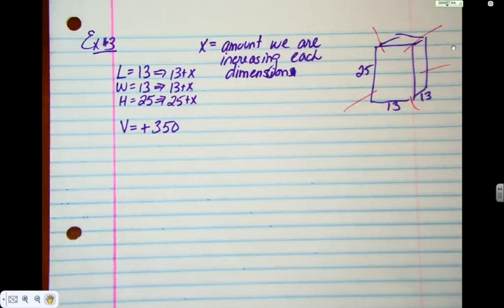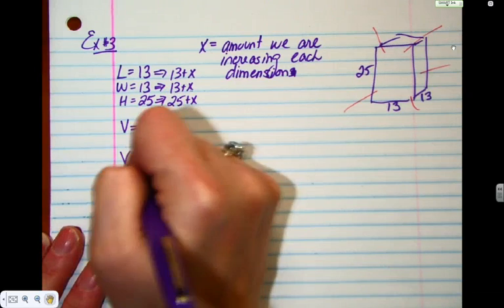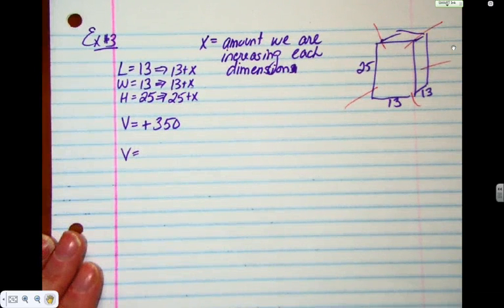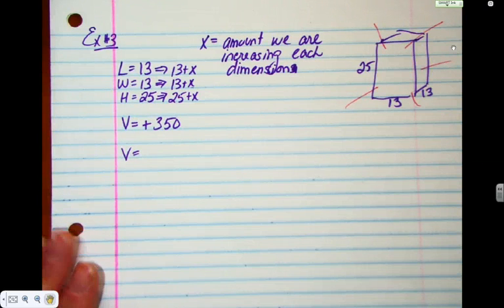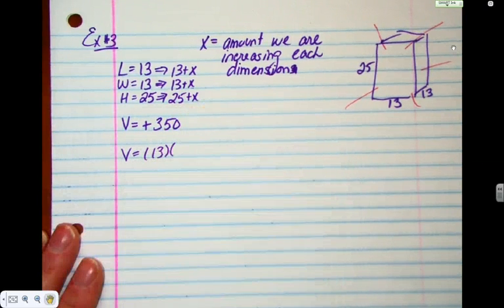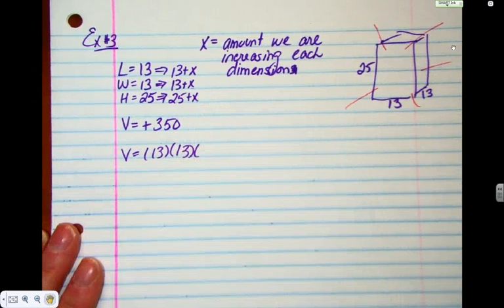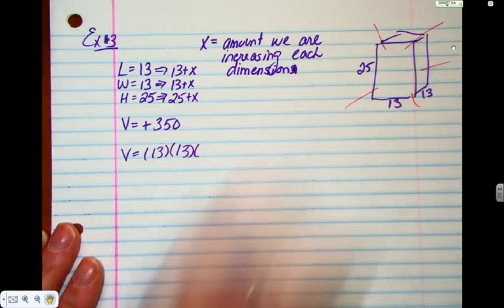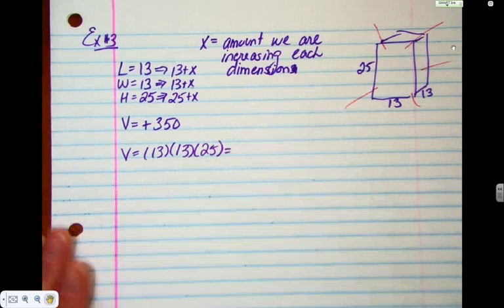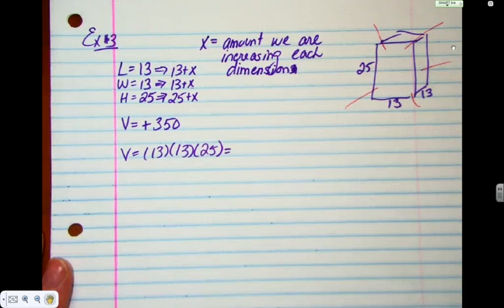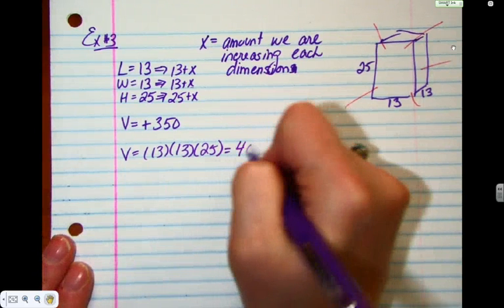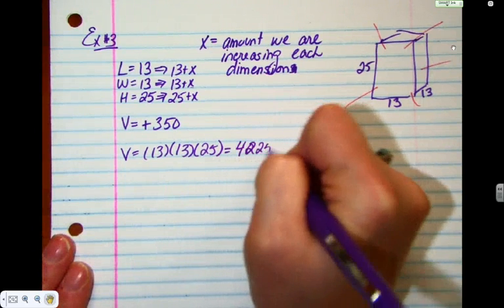Well, if we're increasing the volume by 350, we need to know what the original volume was. How can we find the original volume? What was the original volume? So 13 times 13 times, kind of, 25, right, our 3 dimensions. 4225.